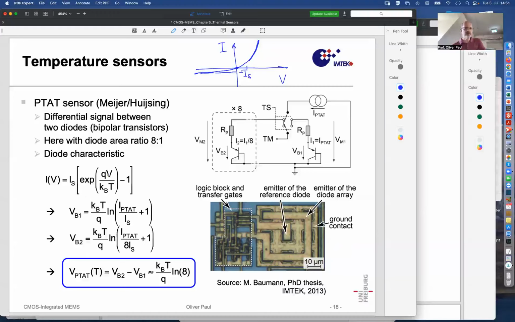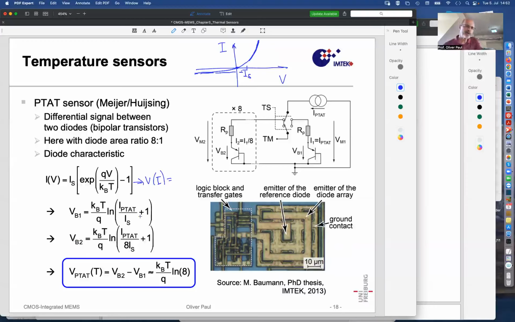I can express V as a function of I, of the form shown here: KBT over Q times the logarithm of I divided by IS plus 1. So if I have two diodes that are driven by the same current but have different saturation currents, or have the same saturation current and are driven by different currents, then the voltages across them are different.